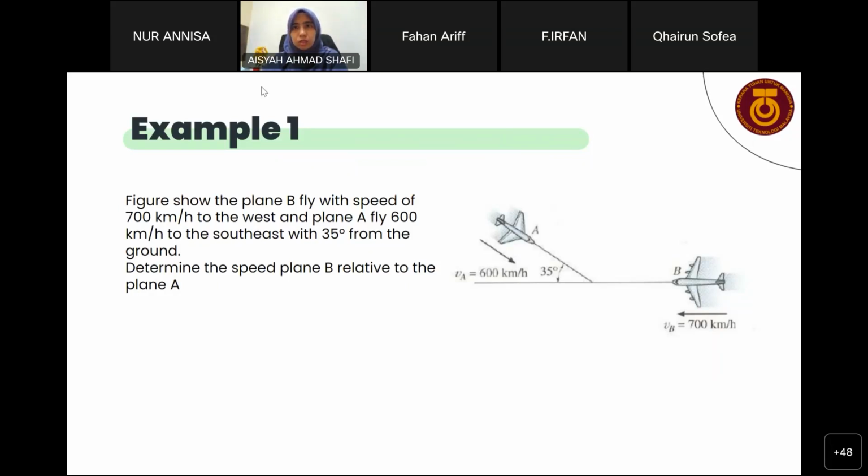Someone has got the answer, 1240.2 kilometer per hour.